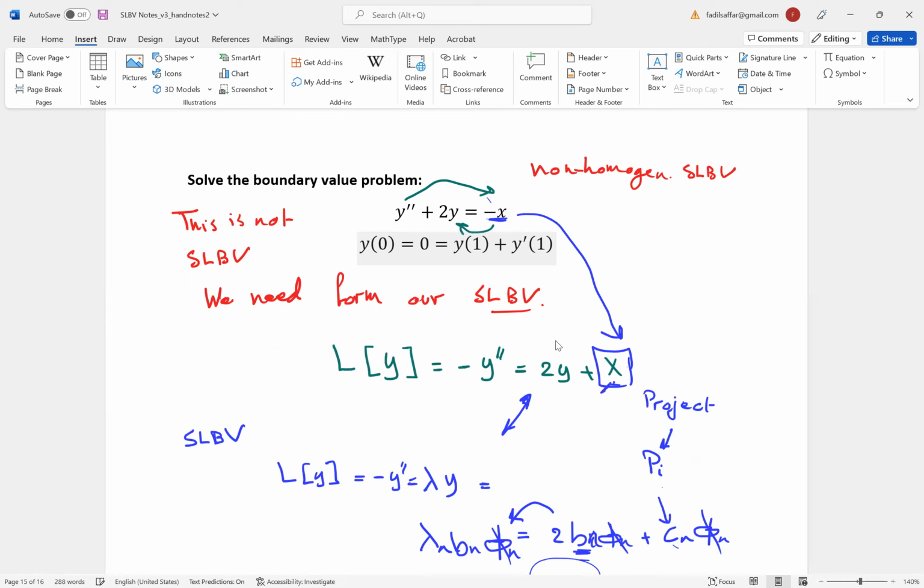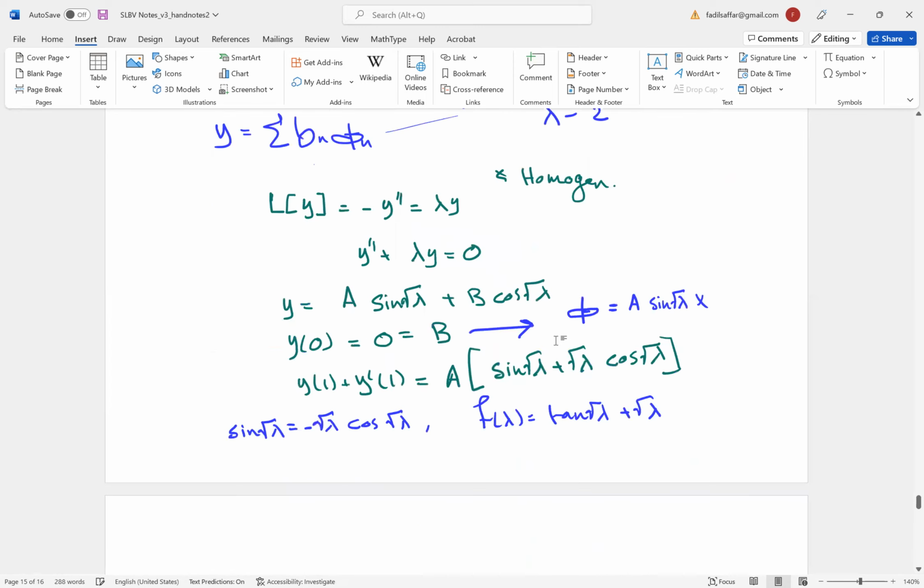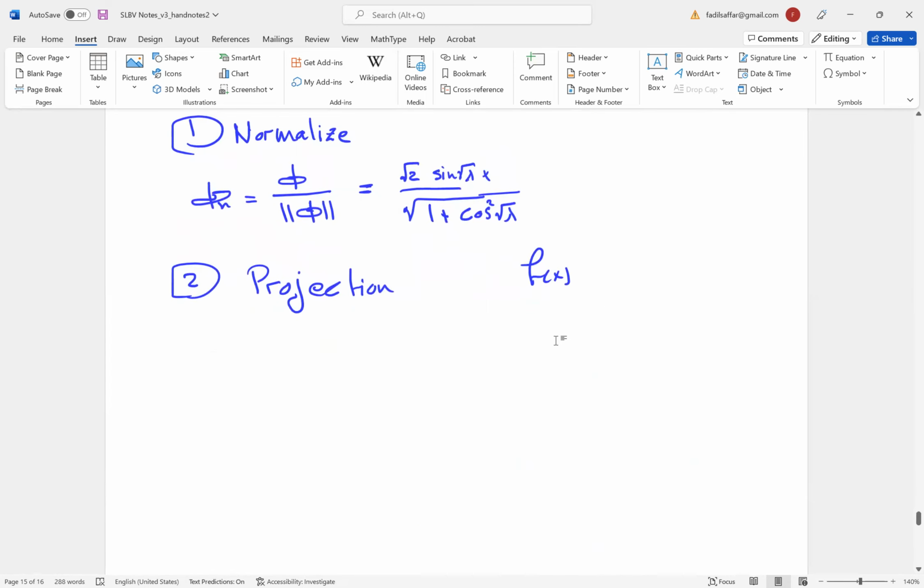And we already found this one in the previous problem, where we had f of x equal to x, and we found the expansion and the projection of that one. Just to remind you, the projection, which I called pn, is basically our cn, and that's equal to the inner product of the function itself with the normalized eigenfunction.